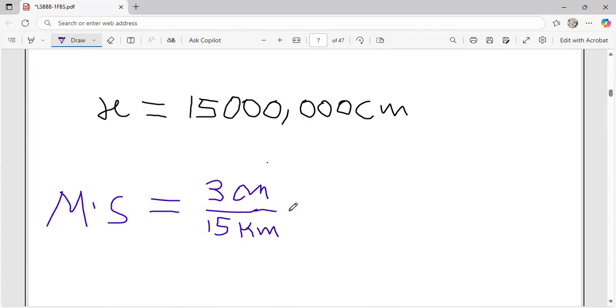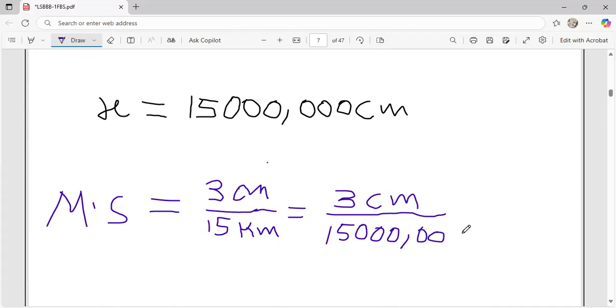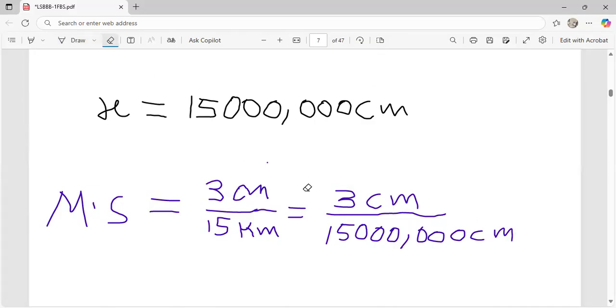Now it is equal to 3 centimeters all over 1500000. They are all in centimeters this time.